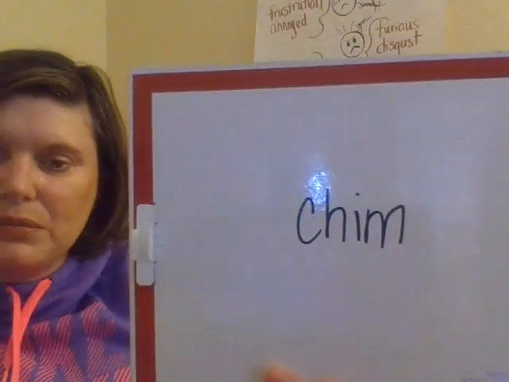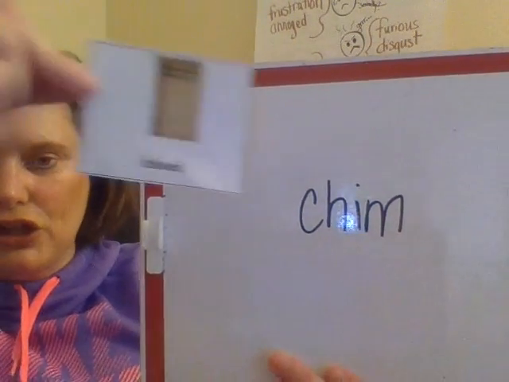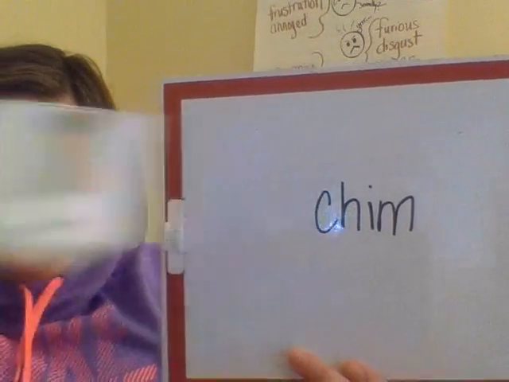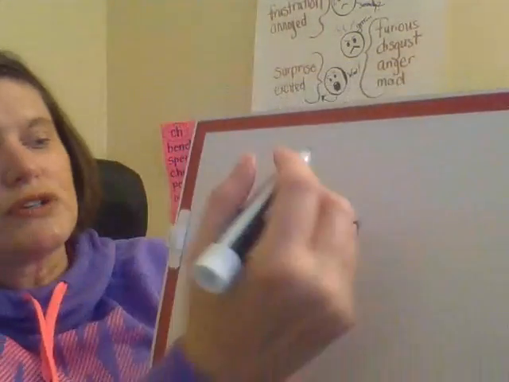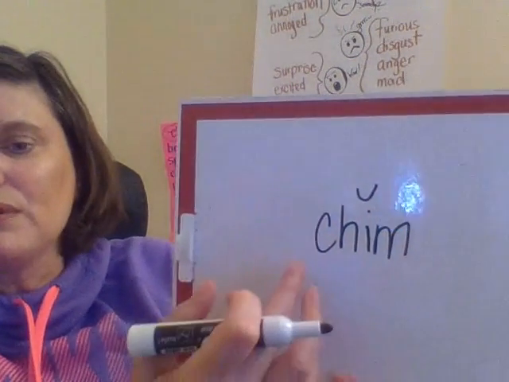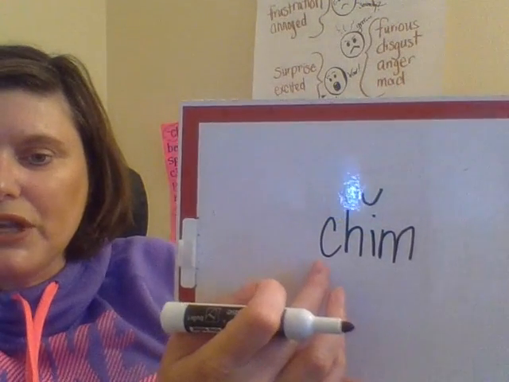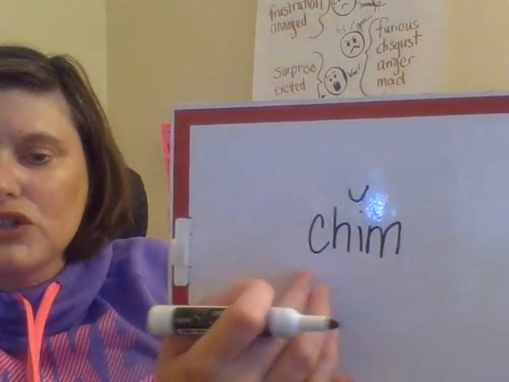And what type of syllable is this? You got it. It is a closed syllable type, which makes this a short vowel sound, which can be represented with this symbol. So let's try this with a short vowel sound. Here we go. Chim, kind of like chimney.